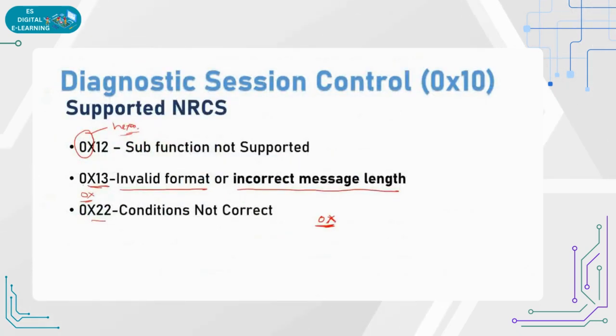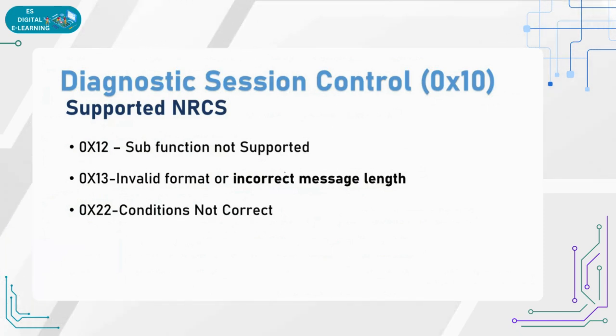So these are the supported NRCs for diagnostic session control. If in interviews they ask you what are the supported NRCs for diagnostic session control, if you say one or two, that is sufficient. Sub functions not supported, or incorrect message length, or condition not correct. If you say like that, it is fine.